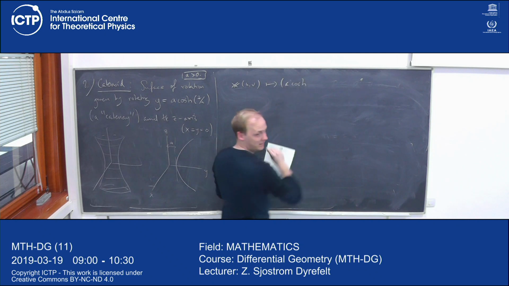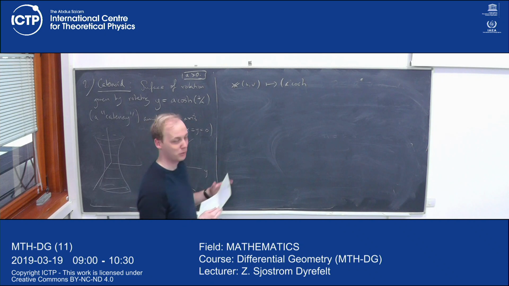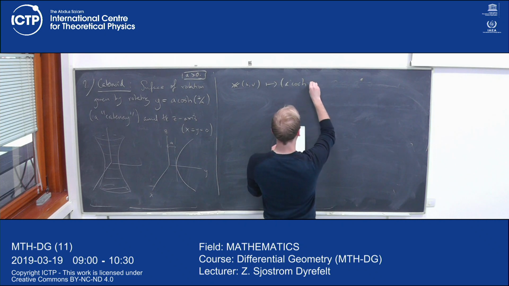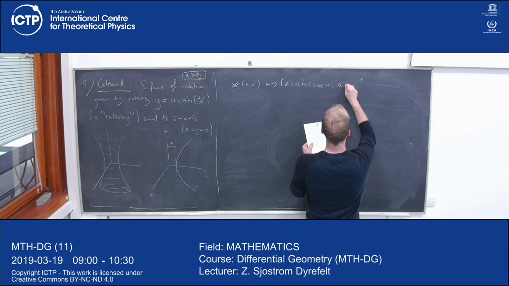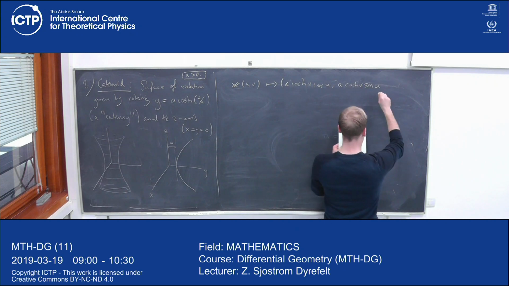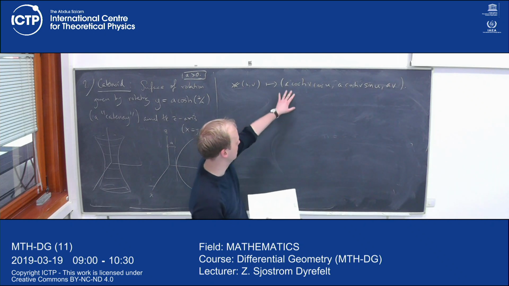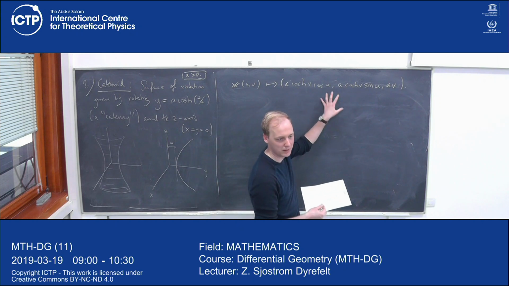It looks very similar to the helicoid, and this is not a coincidence, as you might see not today but tomorrow, on Thursday. So this is a cosine hyperbolic v cos u, a cosine hyperbolic v sine u, and then a v. So this is the surface of rotation that you get when you rotate this thing around the z-axis.